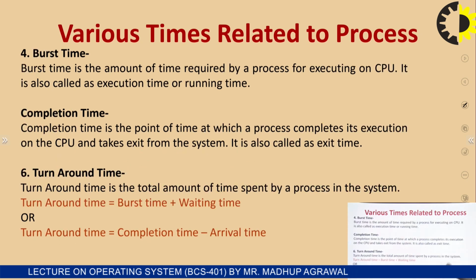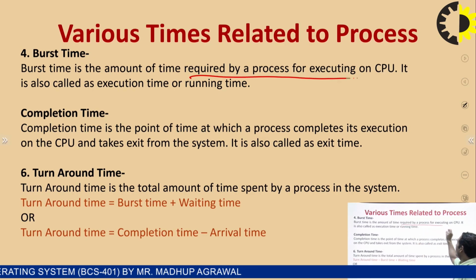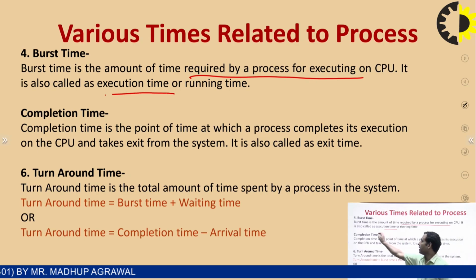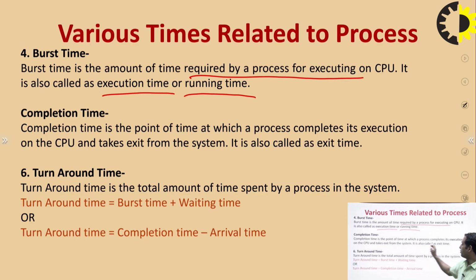Burst time is the amount of time required by the process for execution on the CPU. It is also called execution time or running time. The completion time is the point of time at which a process completes its execution on the CPU and exits the system, also known as exit time.